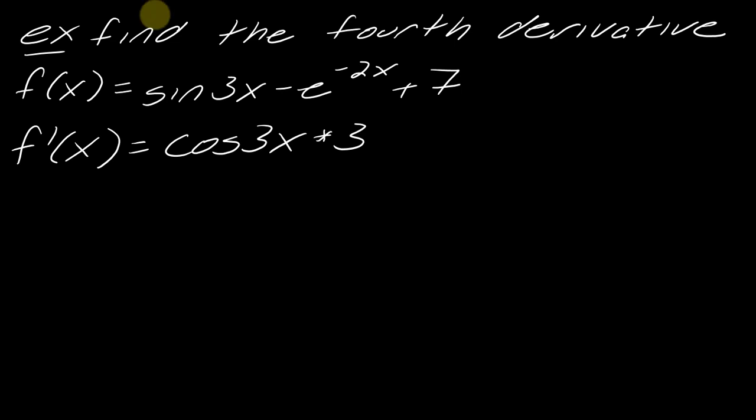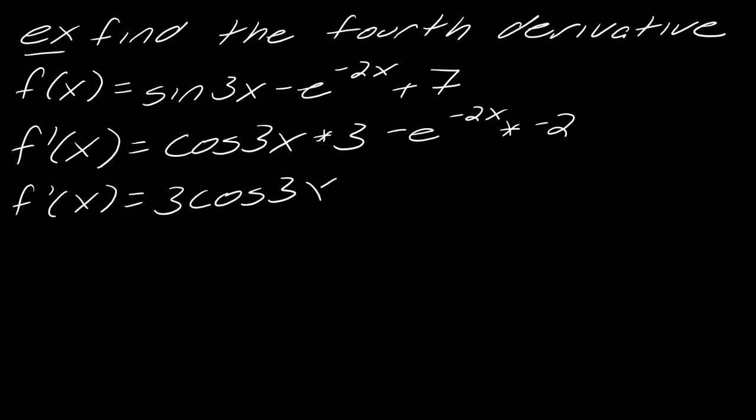And then the derivative of this guy here will be negative e to the negative 2x times the derivative of negative 2x, which is negative 2, and then this 7 at the end falls out because it's a constant. So my first derivative is 3 cosine of 3x plus 2e to the negative 2x.